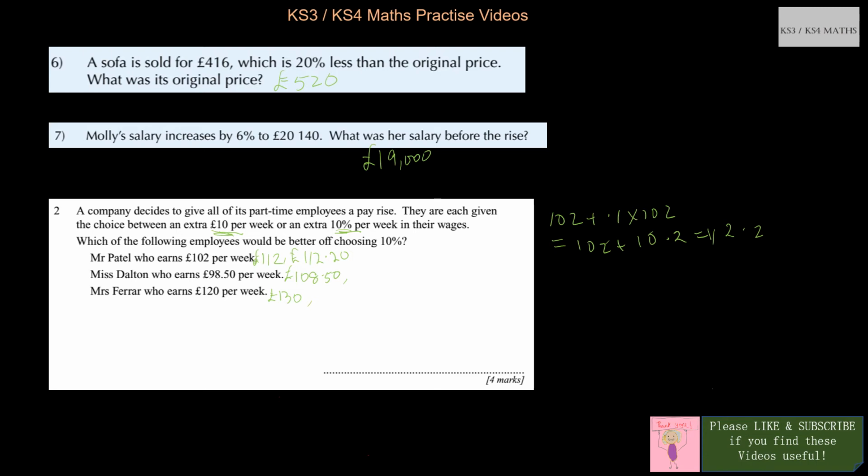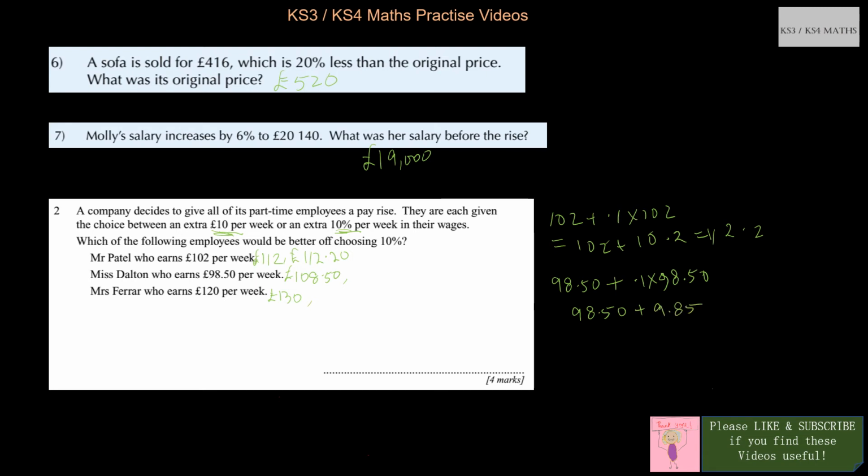Mr. Dalton is going to be 98.50 plus 0.1 times 98.50, that equals 98.50 plus 9.85.